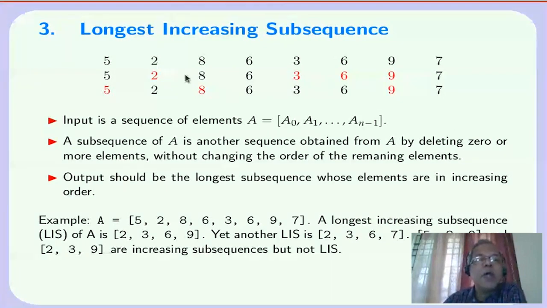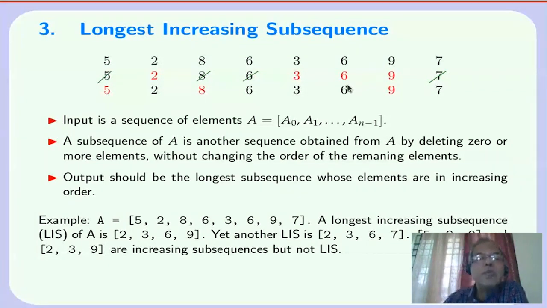Consider the sequence 5, 2, 8, 6, 3, 6, 9, 7. If we remove any of the elements of the sequence, the result is a subsequence. For example, if we remove 5, 8, 6, 7, the result is 2, 3, 6, 9. It is a subsequence.